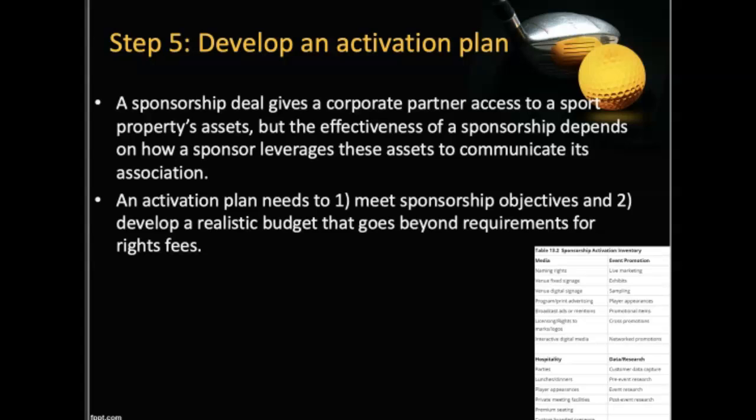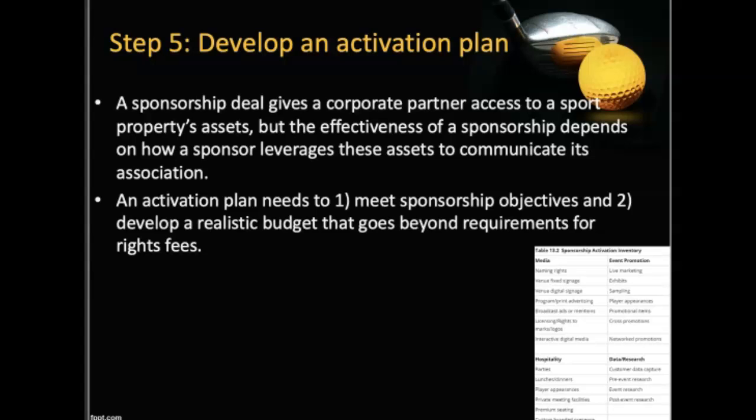So the activation plan normally needs to, first of all, meet the sponsorship's objective. So everything you develop around the sponsorship, make sure it's related to what you try to achieve, right? And also it will help you develop a realistic budget that goes beyond the rights fees.